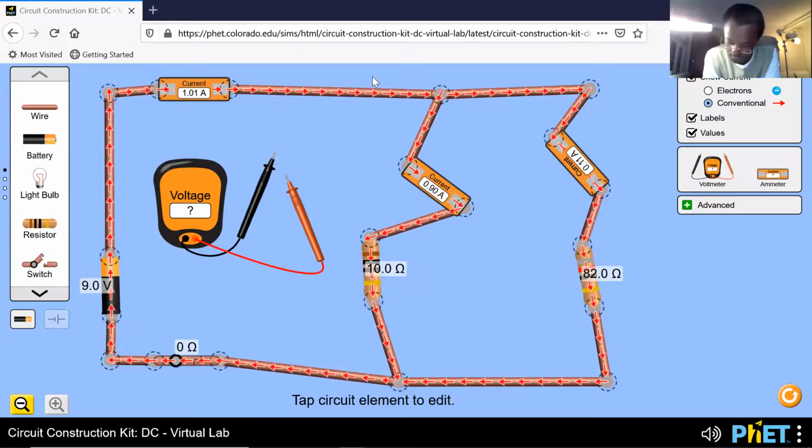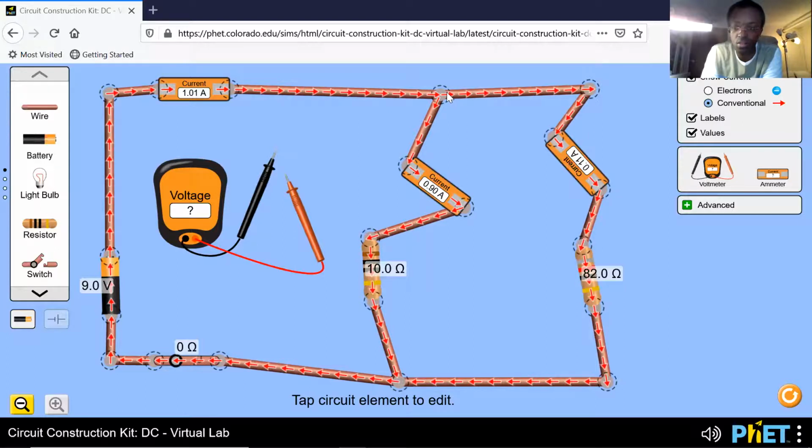So as a matter of fact, you do need these ammeters everywhere. Or I guess what they're asking you to do is to compute them using Ohm's law. Because if you use Ohm's law, V equals IR, you have to find the voltage first. We can do that.